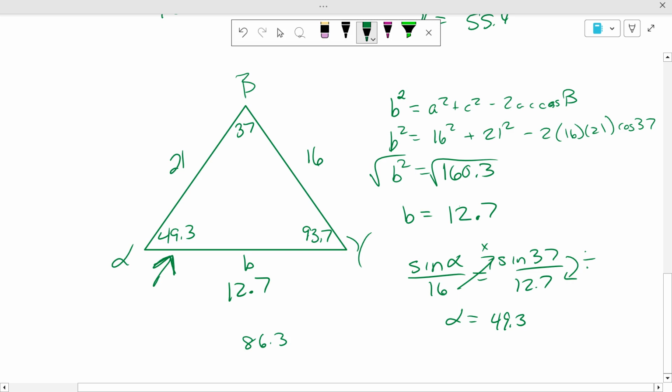Oh, they're right there. The bigger one. No, I can just.